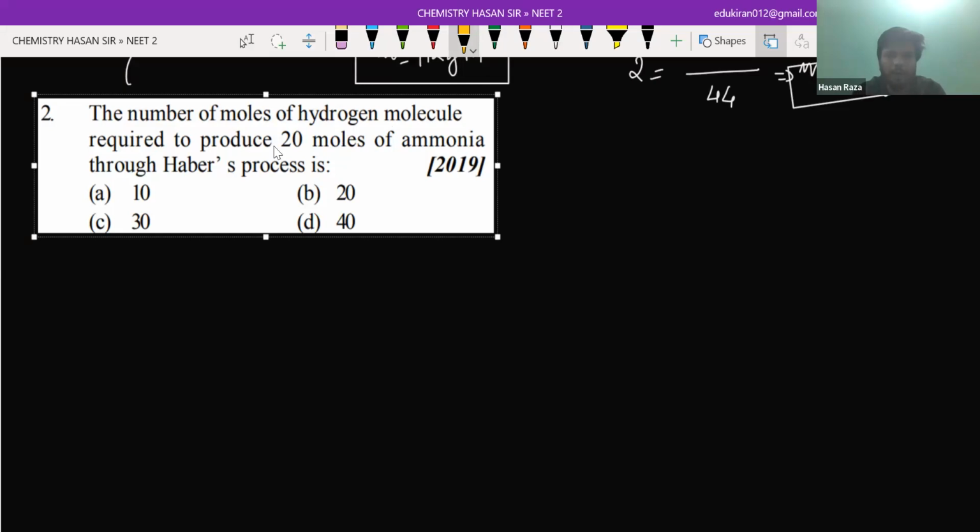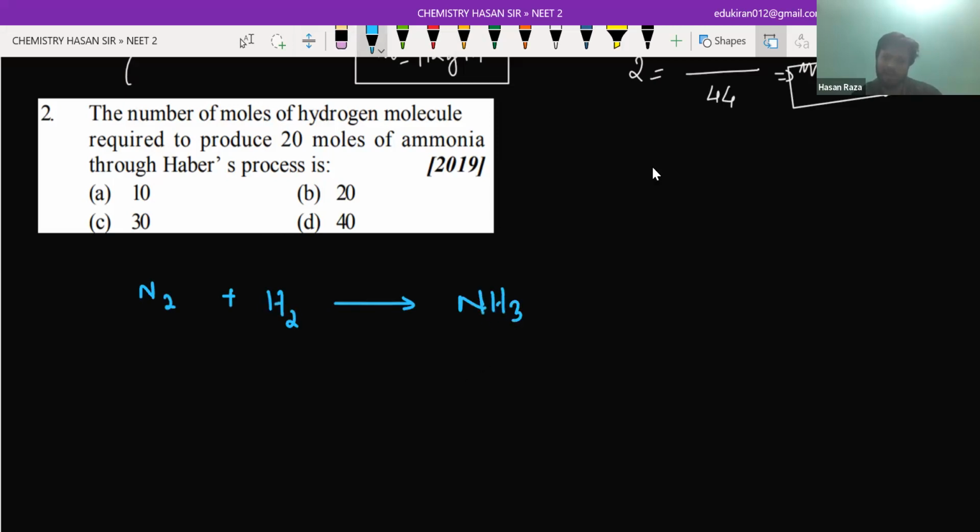You need to calculate the number of moles of hydrogen molecule required to produce 20 moles of ammonia through Haber's process. So what is Haber's process? When nitrogen reacts with hydrogen, there are some catalyst and temperature as well, but we need to prepare this NH3.